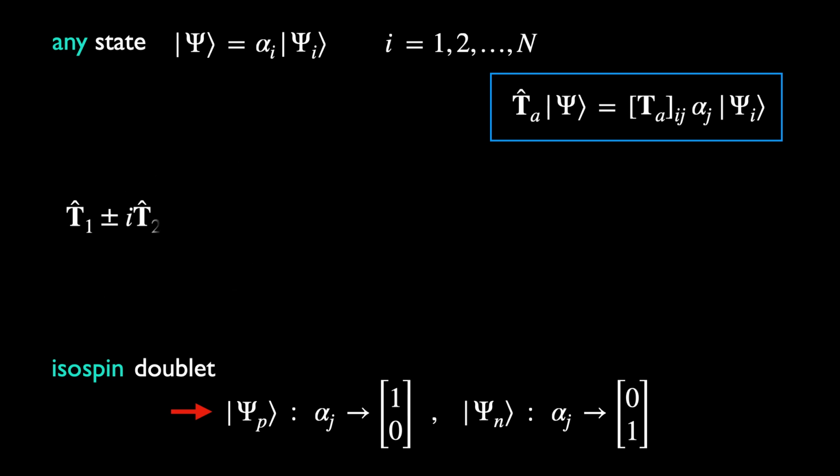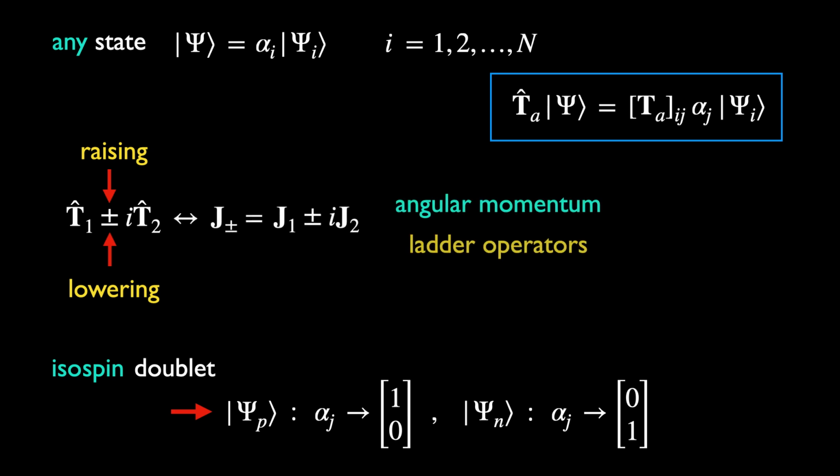Now we construct the ladder operators for isospin. This is the direct analog of the ladder operators for angular momentum introduced in lecture 20.